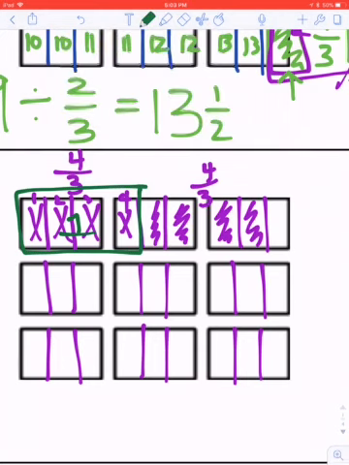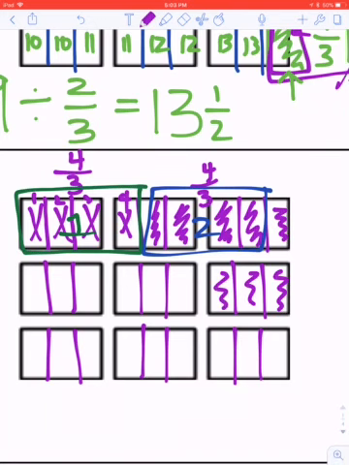And that'll be, do another color. This will be pizza number 2. For pizza 3, we need 1, 2, 3, 4 thirds.